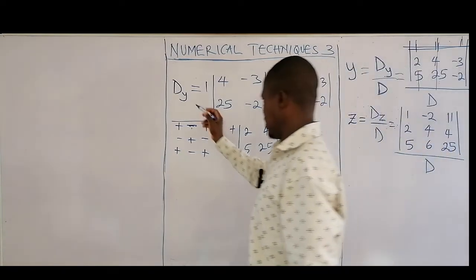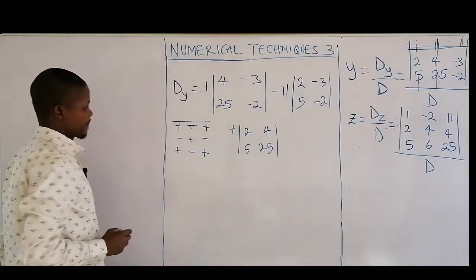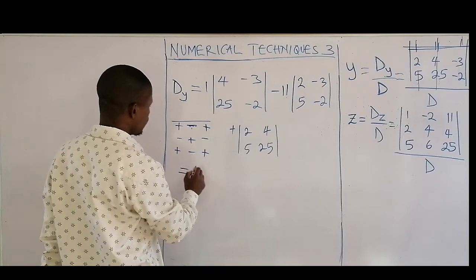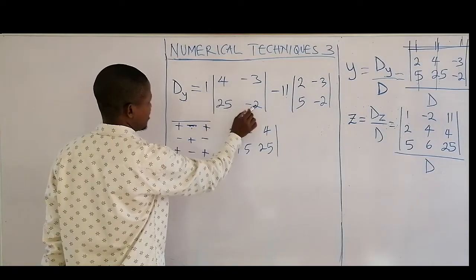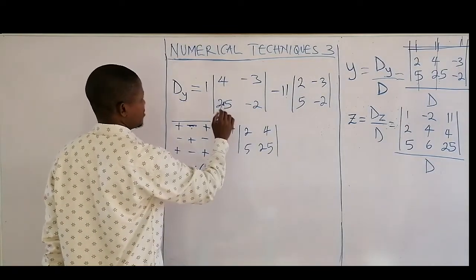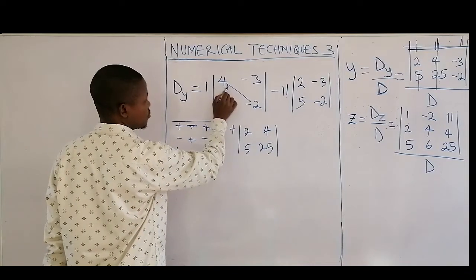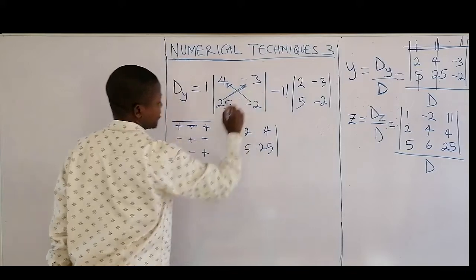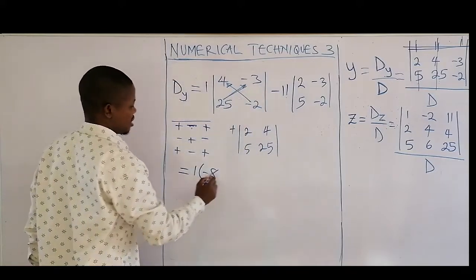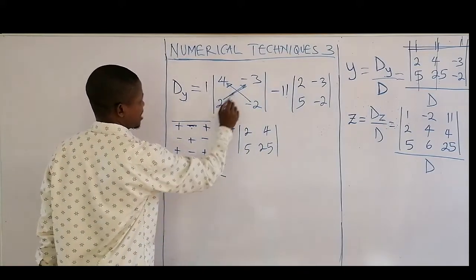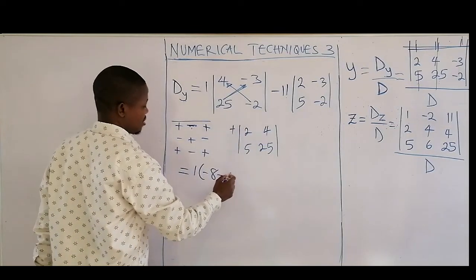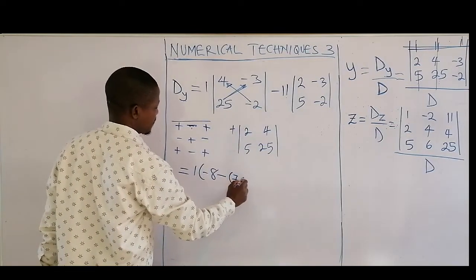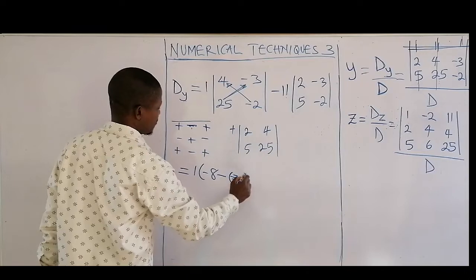So I can get the D subscript y, and that will be equal to 1 into bracket 4 times this minus 8. And then this one here minus the multiplication of this, minus this one times this one. That's minus 75.